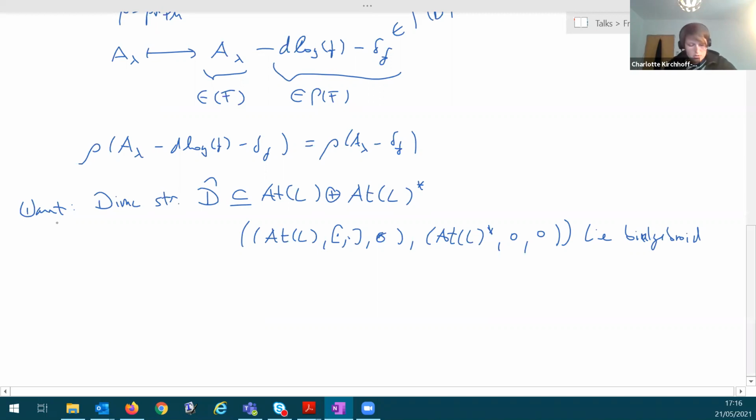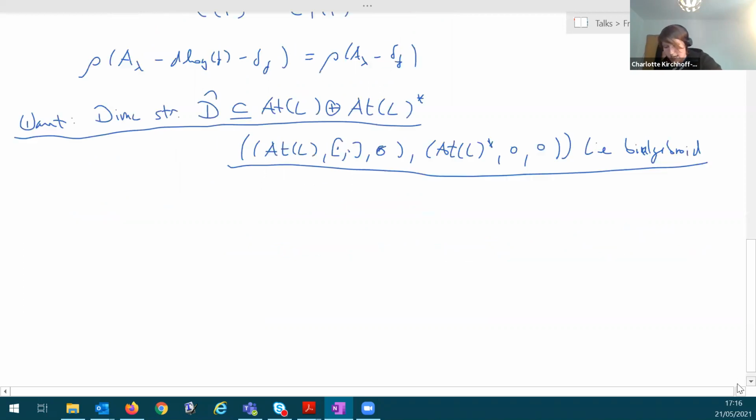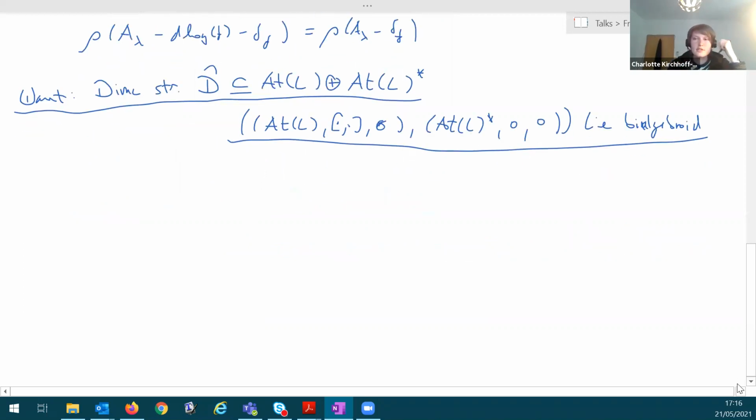So how to construct this d hat? I'm first going to do it in a very explicit way, and then I'm going to show you an easier description via spinors that is, however, less explicit.